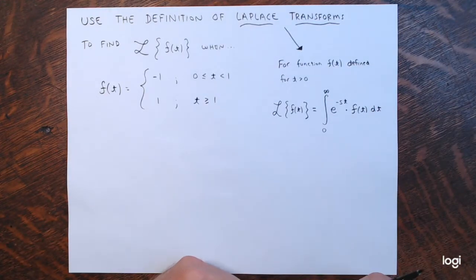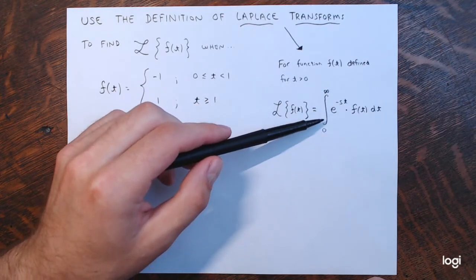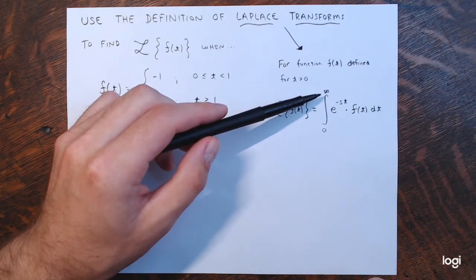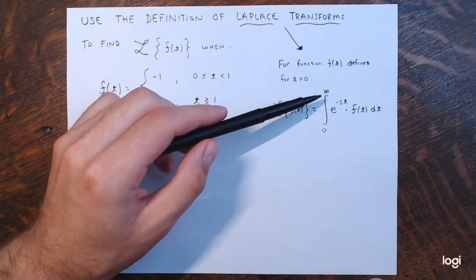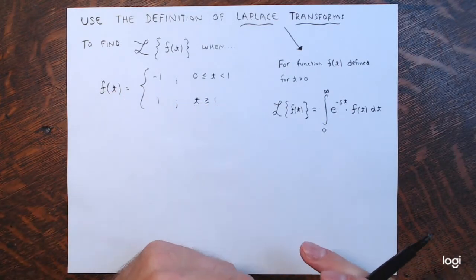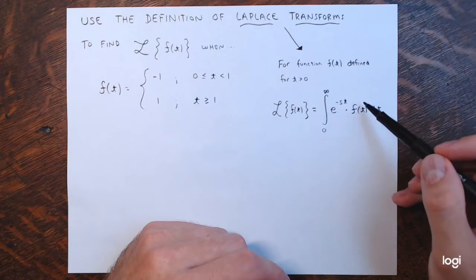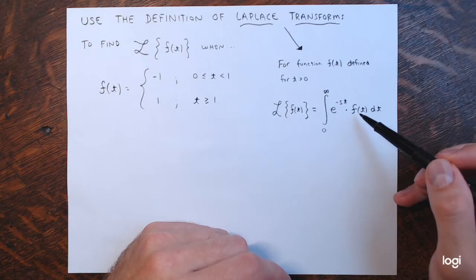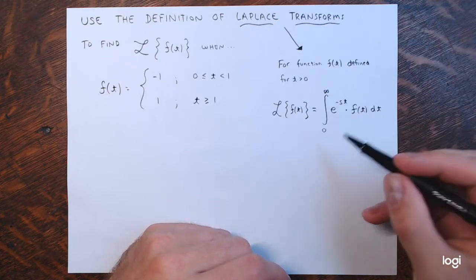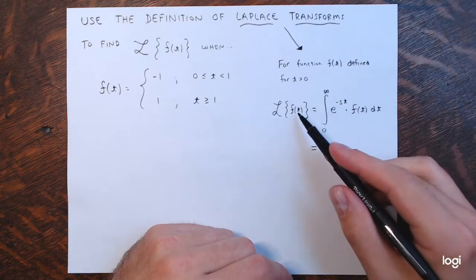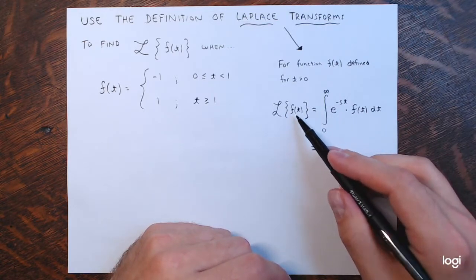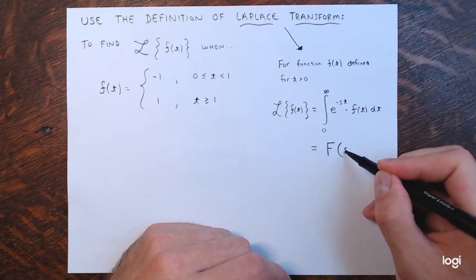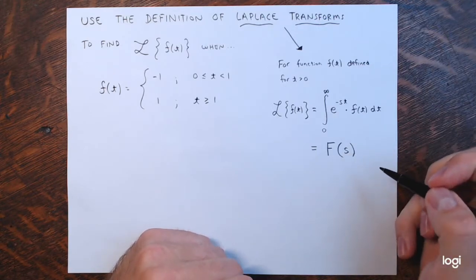Now hopefully you recall from maybe Calc 2 how to perform improper integration of this type where one of the limits is infinite. Additionally, from maybe Calc 3 multivariable, now we have this expression that's dependent on both these variables s and t, but we're integrating with respect to t, meaning that the final function here, what this integral transforms f of t into, is going to be a function capital F that depends only on s.